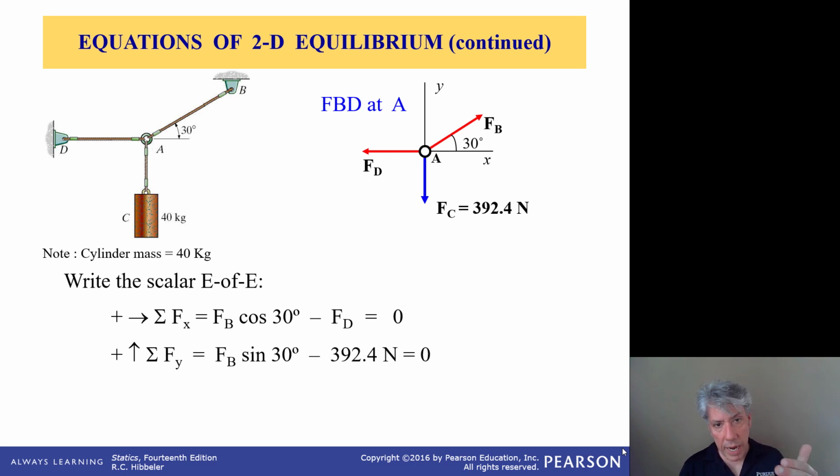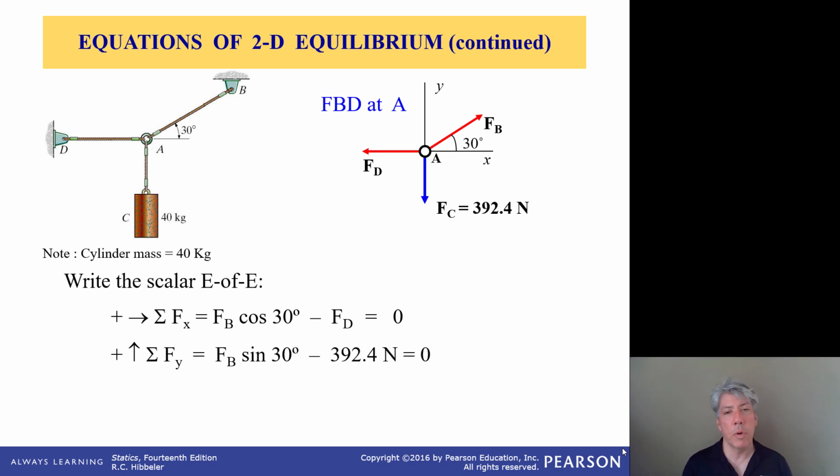Summing forces in the y direction, FB again has a contribution. It has a positive y component, and its magnitude is all of FB times the sine of 30 degrees, but then the weight acts downward, and so we subtract 392.4 newtons. And that's our second equation of equilibrium. Now you'll notice that FB and FD appear as separate variables in these two equations.